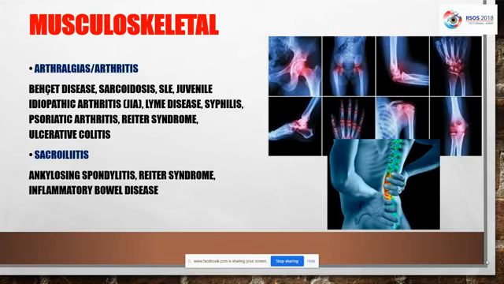Also the history, as we mentioned before, for diarrhea, for steatorrhea, for any history of liver involvement, jaundice, hepatosplenomegaly. So this needs to be clarified in the history of the patients.